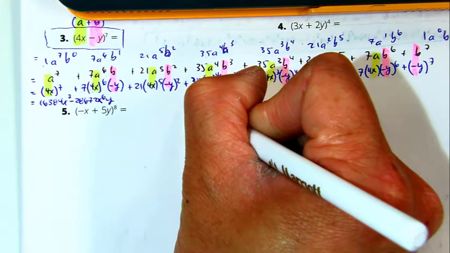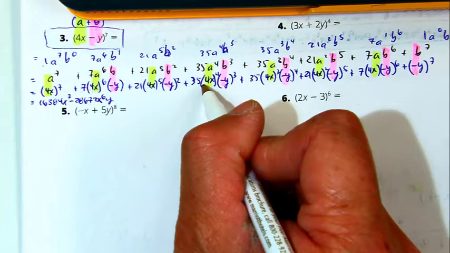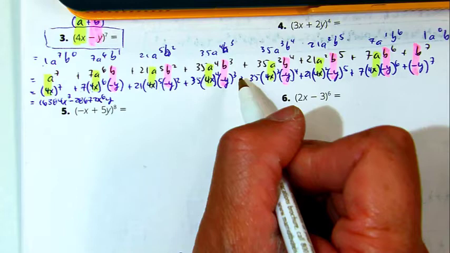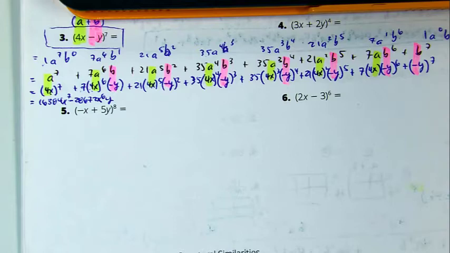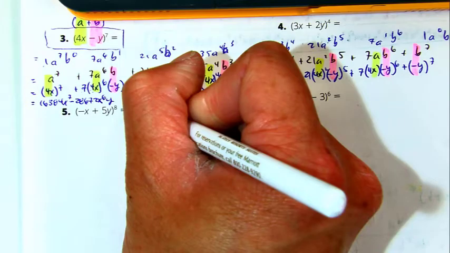I did not get that. 35 times 4 to the 4th power times negative 1 to the 3rd power? It should be to the 5th power, not the 6th.